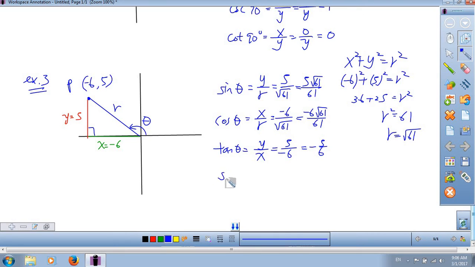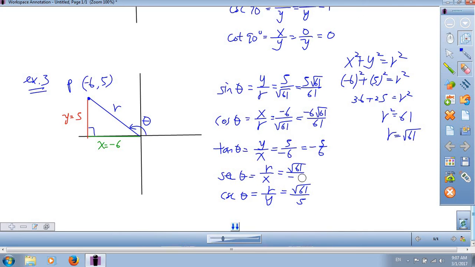Secant of theta would be r over x, which would be square root 61 divided by -6. Cosecant of theta would be r over y, so square root 61 divided by 5.